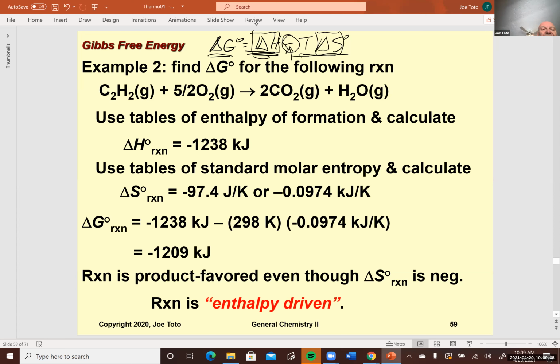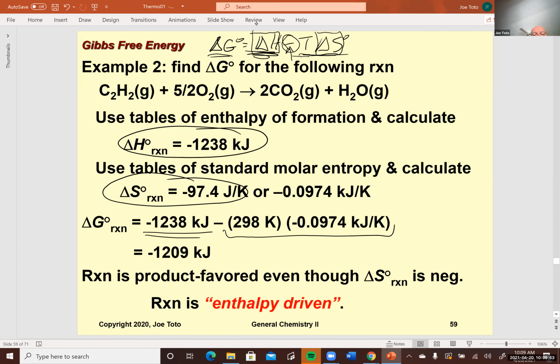So when we have a case where they're both negative, as in this example, I have a negative delta H reaction, and I have a negative delta S reaction, then I know this is a case where it's temperature dependent, and those two magnitudes are going to fight up against each other to see who wins out the day and dictates the sign of delta G. So in this case, you see that this delta H is negative and larger in magnitude than the delta S contribution to the delta G. And so we say that this reaction is spontaneous because delta G is negative.